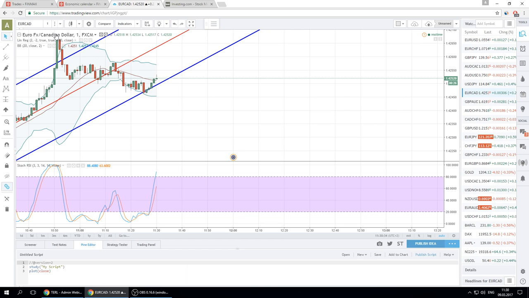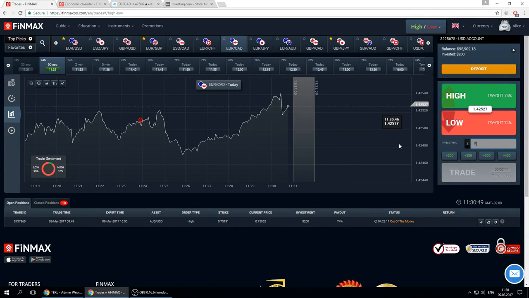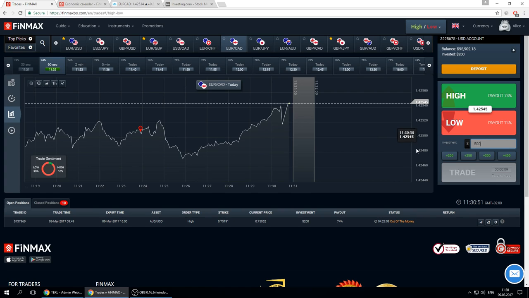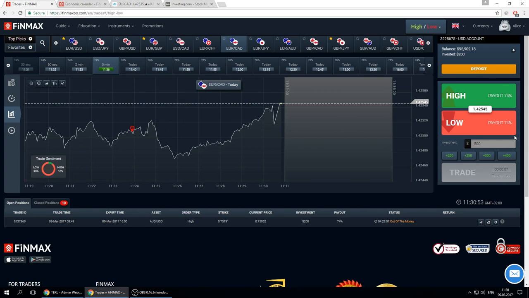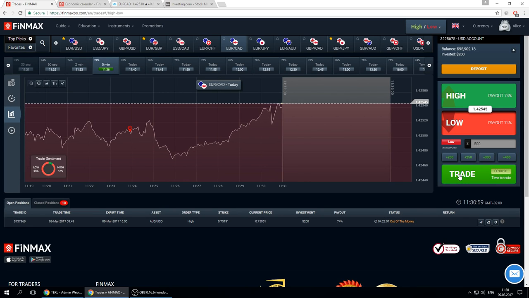For 5 minutes, it's too much to open the trade for euro up, but for 1 minute that can expire in the money. So I will open the trade with coefficient 2.5 for Euro Canadian for low, in order to cover the previous trade that I had. Euro Canadian 5 minutes low. Okay.